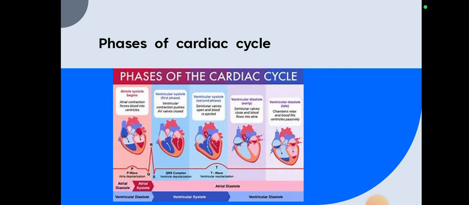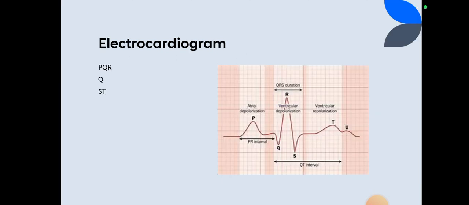So this is what we have known: atrial diastole, then ventricular diastole, then atrial systole. So these are the phases of the cardiac cycle. And in the diagram you can also see the P wave, QRS complex, then T wave.